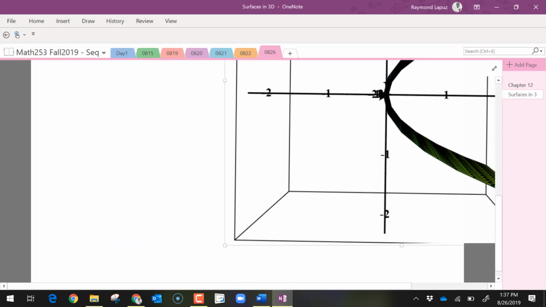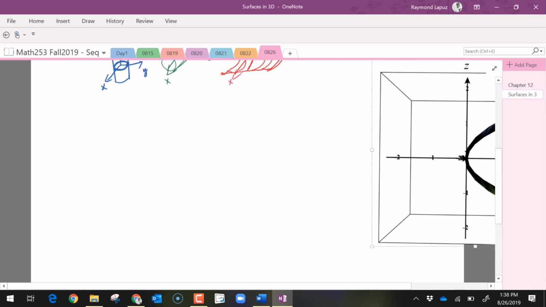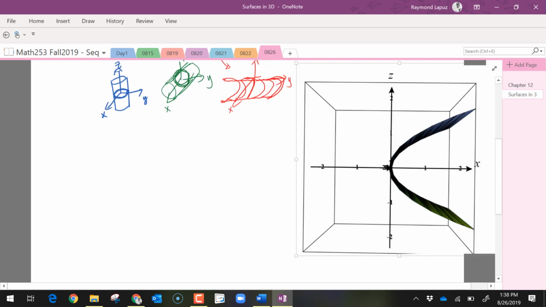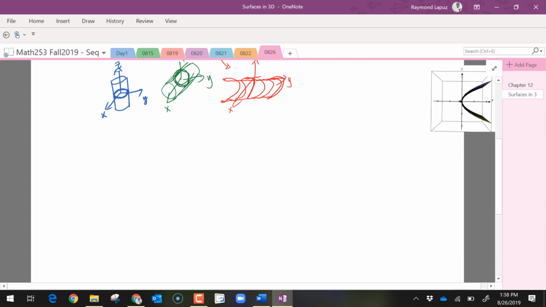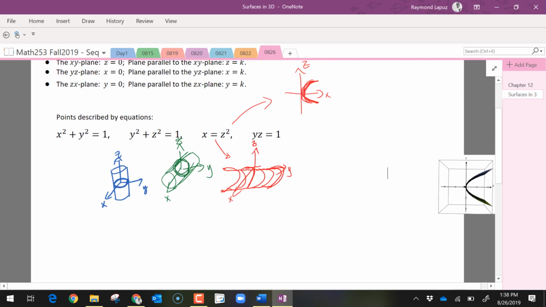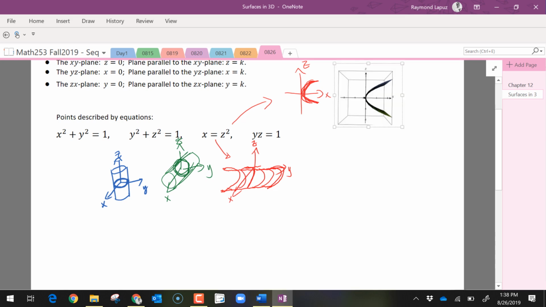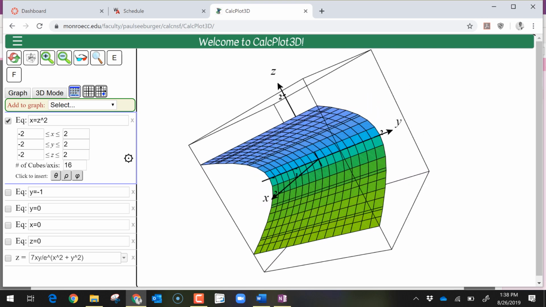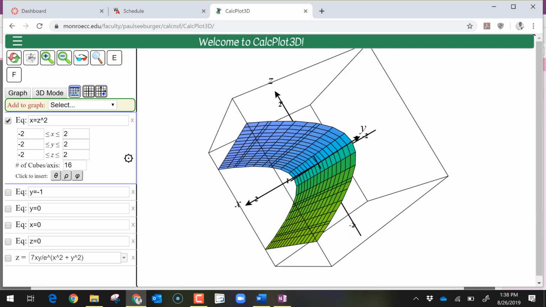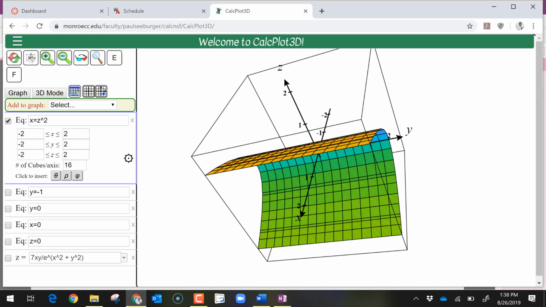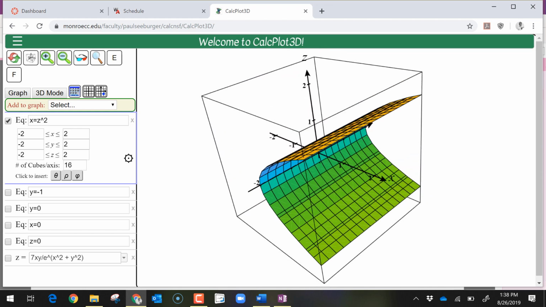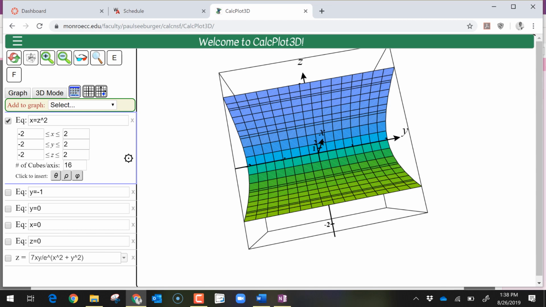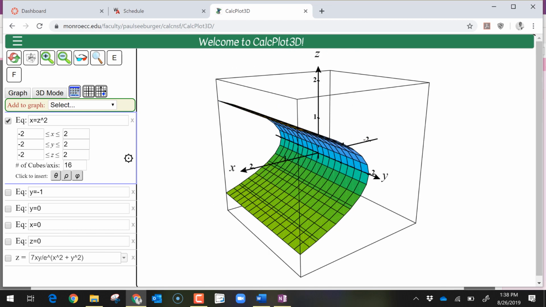Ooh, that's big. And then you can try to find a nice 3-dimensional viewpoint that would work for us. Maybe that.